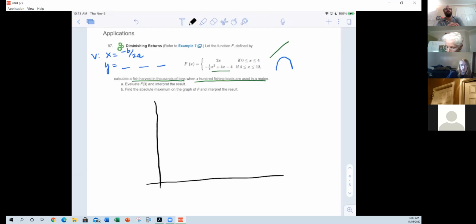And these are my fishing boats. And these are my fish.